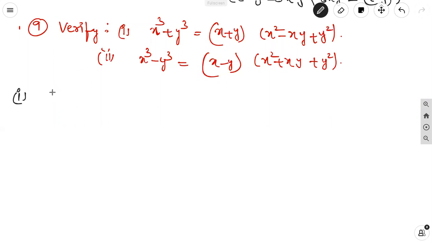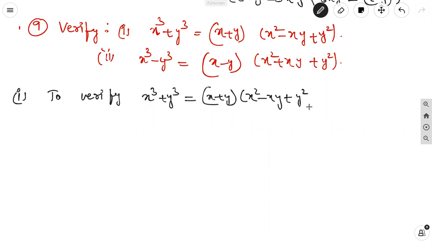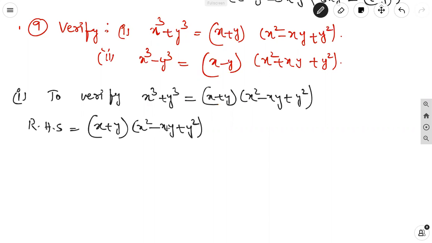The first one, to verify x cube plus y cube equal to x plus y into x square minus xy plus y square. Here we are taking the right hand side terms, that is equal to x plus y into x square minus xy plus y square. Apply the left or right distribution law only. Any distribution we can take.